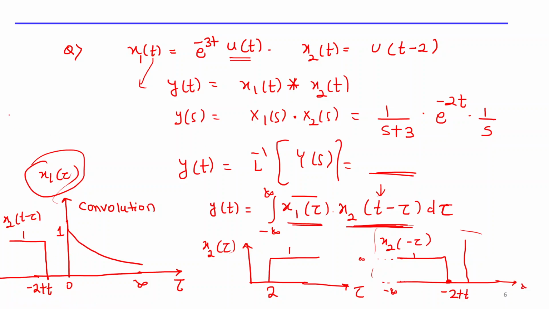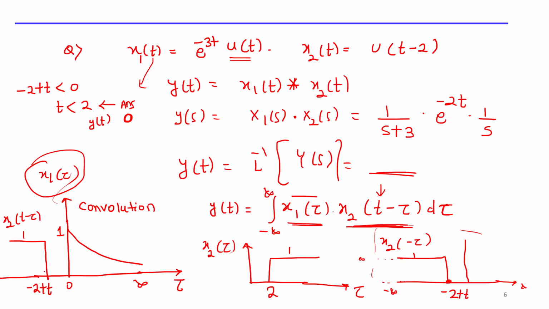This is the first case, when minus 2 plus t is less than 0, that is, t is less than or equal to 2. There is no common region, so the answer will be 0, y of t equal to 0. Now suppose this constant t, you don't know its value. It can be anything between minus infinity and infinity.